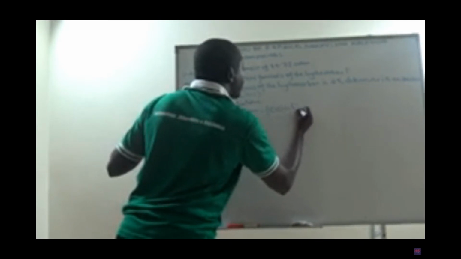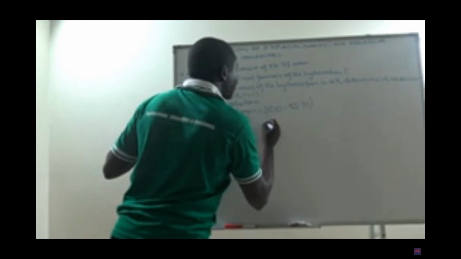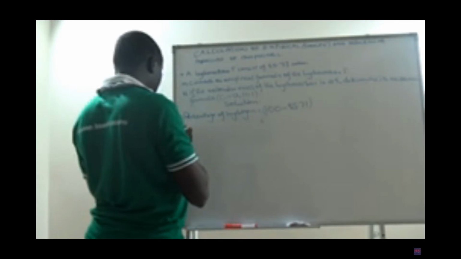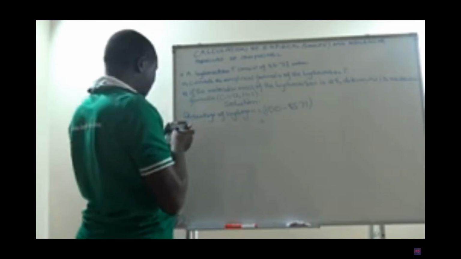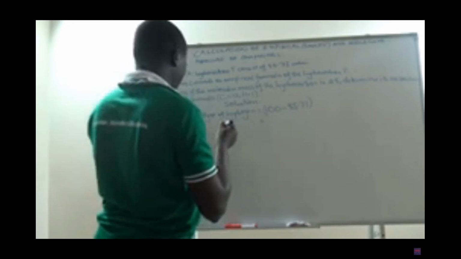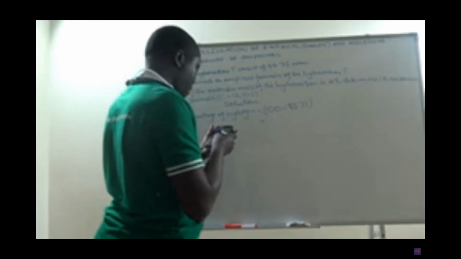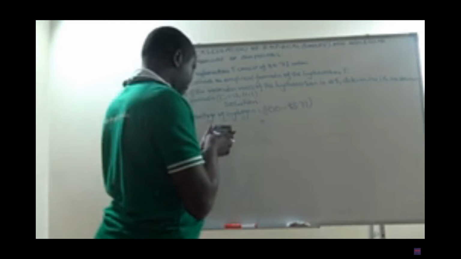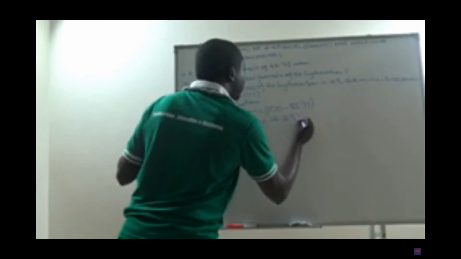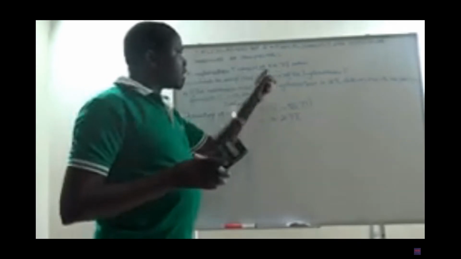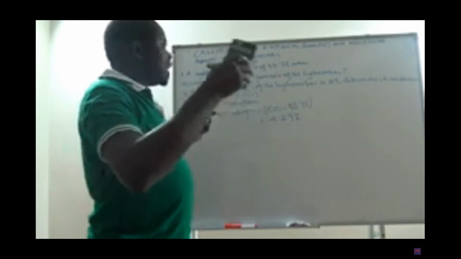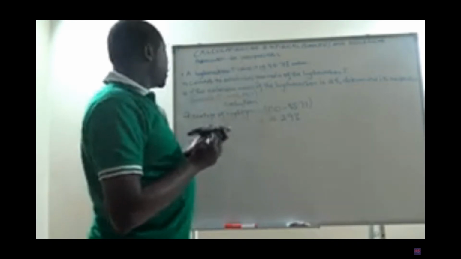So 100 minus 85.71% gives us 14.29%. Please, you need to start by working this out, because you cannot go ahead and calculate anything when you don't have the percentage composition by mass of the other element in that compound. So we have the percentage of hydrogen.